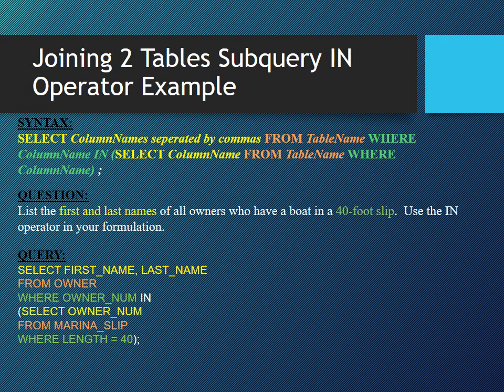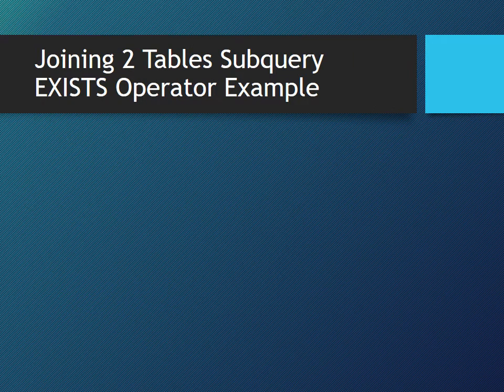Let's look at another way to use subqueries by using an operator called exists. The difference between the in operator and the exists operator is that you use the keyword exists in place of the column name and the in operator in the outermost query.